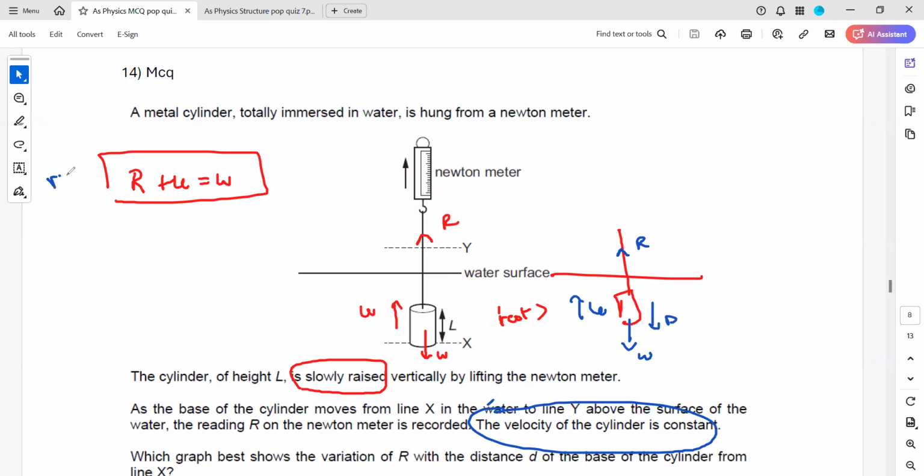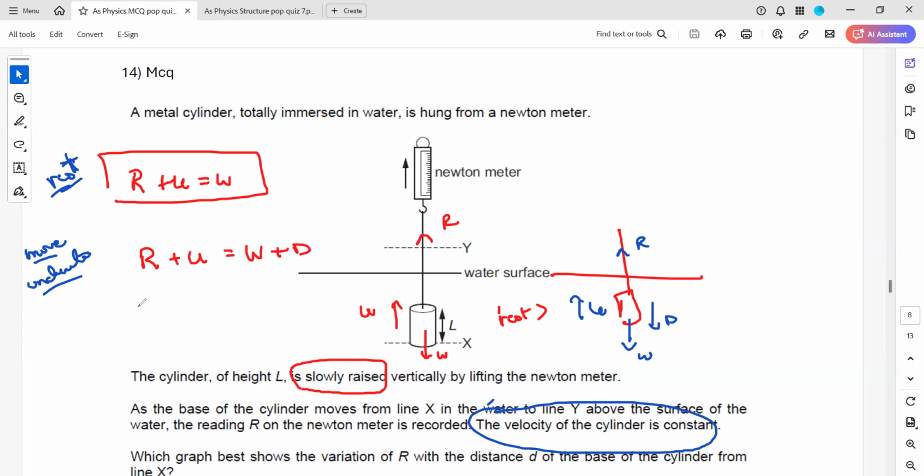So when it was at rest, this should be the equation. But when it starts to move and is completely underwater, it does not come out. In that case, we have R plus the upthrust equals the weight plus the drag.